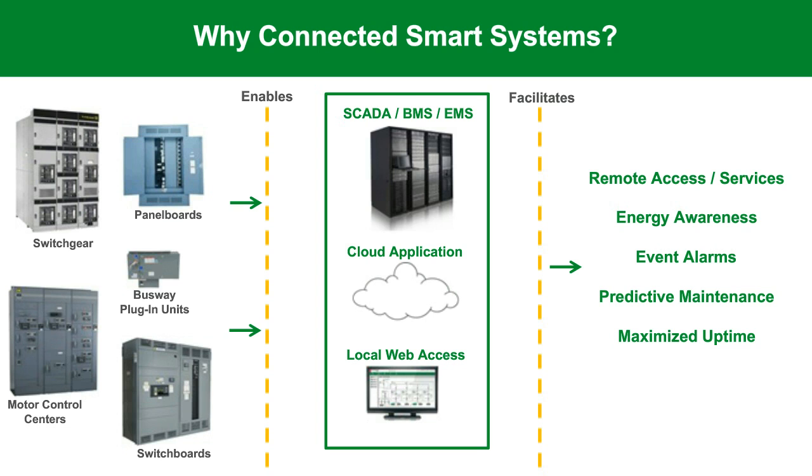Things, again, like remote access, remote service access, energy awareness, things like event alarms, alerts, predictive maintenance. We can understand what's going on in our equipment before we have a problem, ultimately maximizing uptime. I mentioned earlier, but the two big key factors are energy awareness and saving energy, as well as maximizing our uptime, maintaining our equipment at its best possible, to provide a customer maximum performance from their equipment.